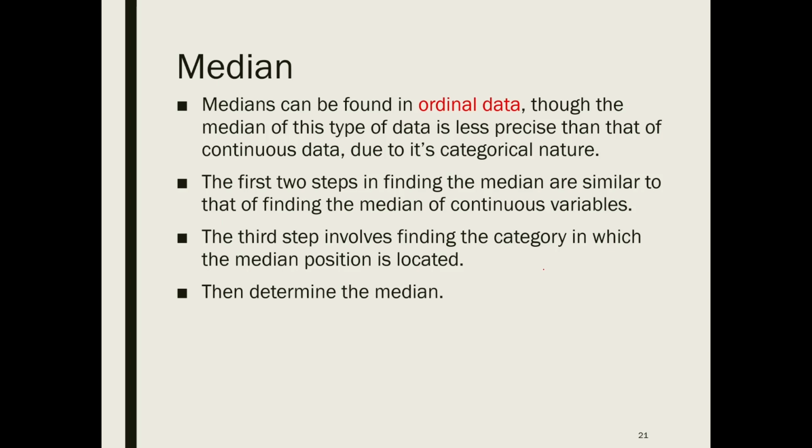The first two steps in finding the median are similar to finding the median of a continuous variable when we're trying to locate the median in ordinal data. The third step is that we're looking at the category or the label or the name instead of the frequency. Again here, instead of the frequency, we're looking at the name of the median.